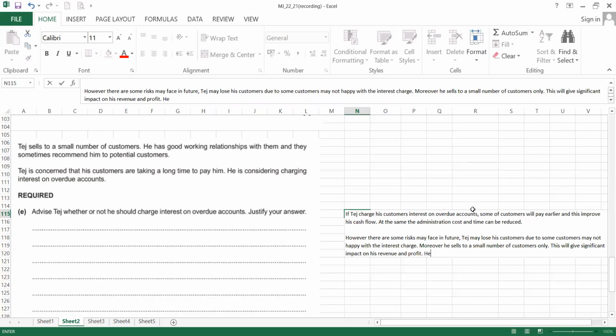Okay, he has a good working relationship with them. He can call them up more frequently and remind them to pay earlier rather than charge late interest.